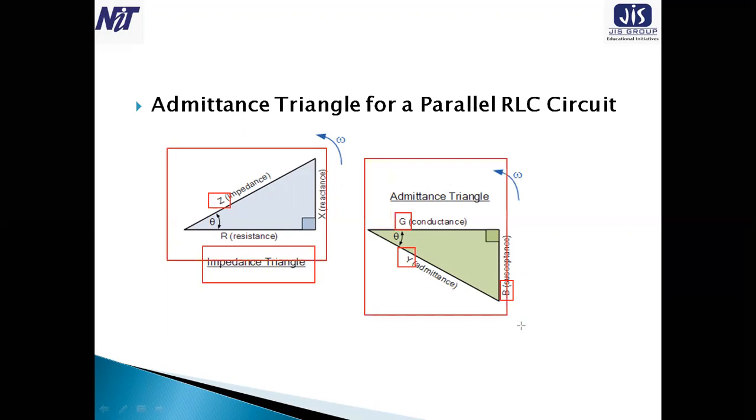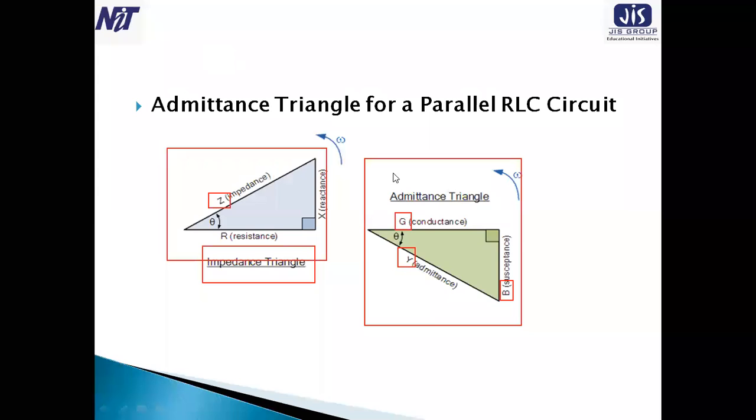And this is the admittance triangle, where admittance will be equal to the vector sum of the susceptance and the conductance.